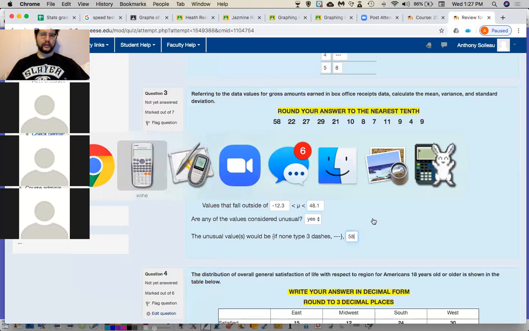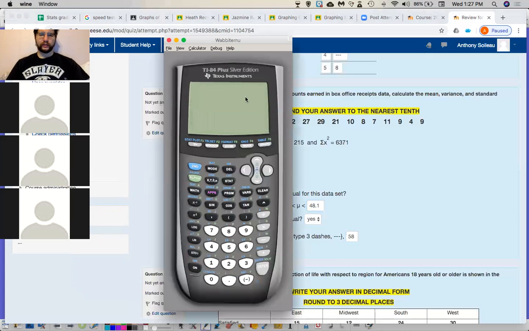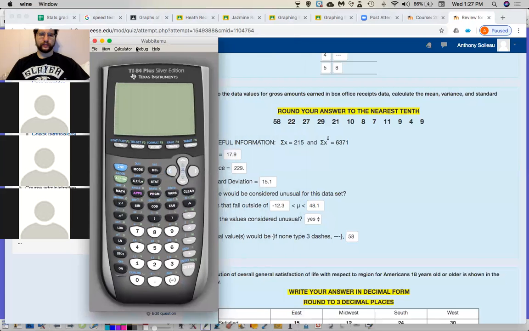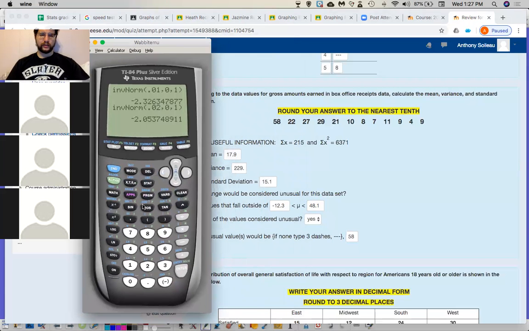Okay. Same thing with the TI, real quick. Won't take too long. So here you're going to edit your list. Go to the top, clear, enter, type in your data. 9, 4, 9.